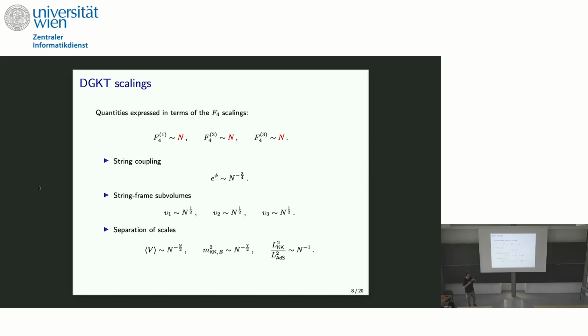So for infinite integer values of n, we create a landscape of vacua which have different characteristics. This means that for small values of n, you are not in the classical regime and scale separation is broken. But when you take it to infinity, you go to a regime where scale separation is restored, and you can trust your supergravity solution.